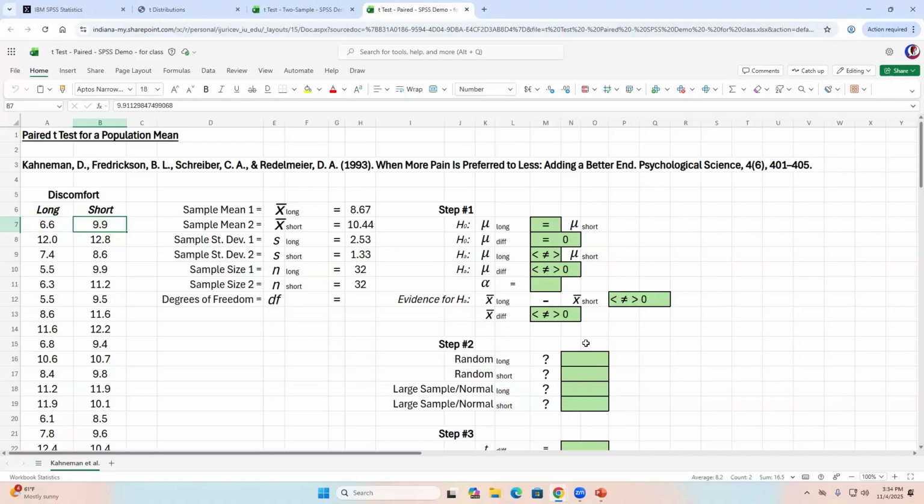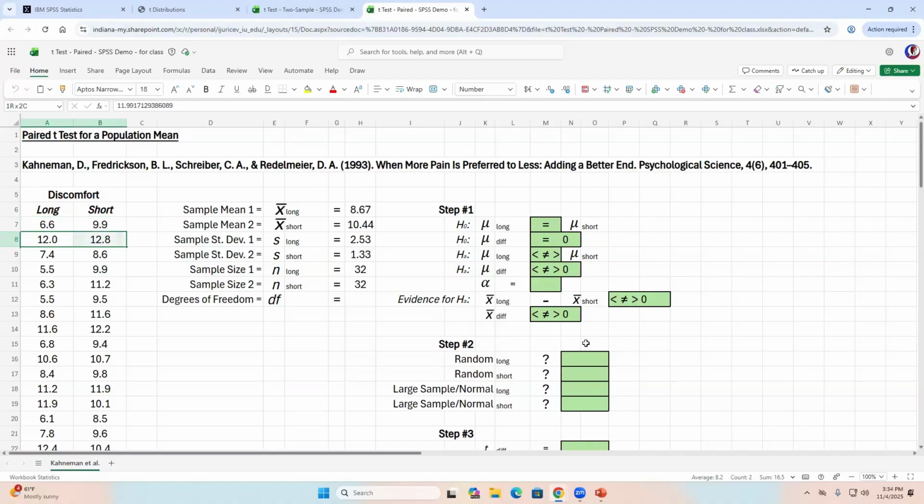And then you gave them the short condition and they said, that's a 9.9, that wasn't so bad. So this person might have thrown off the scores if they were only in one sample. However, here, if they're super tough in the long condition, they're super tough in the short condition. So their toughness cancels out because they're measured in both conditions.